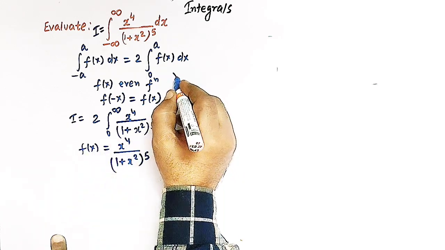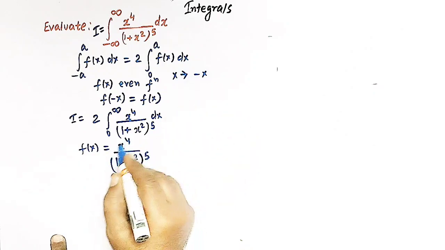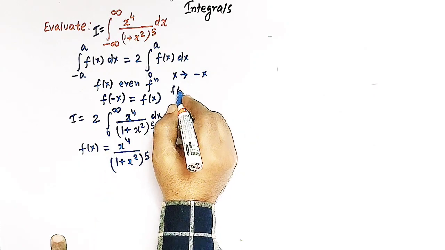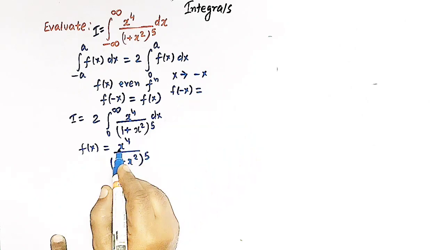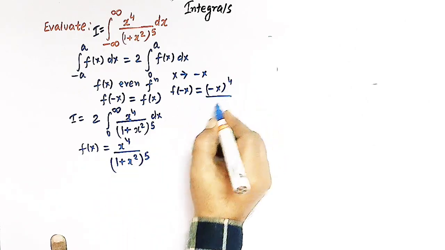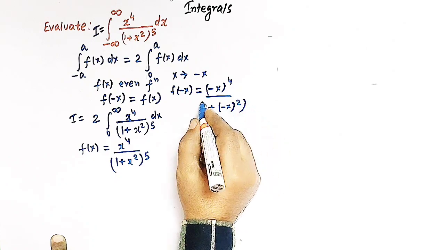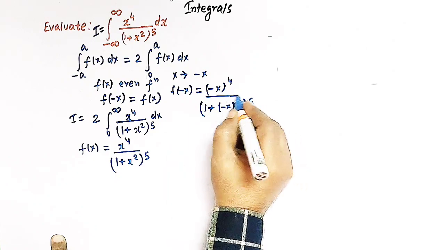If we replace x by minus x, then f of minus x is (minus x) raised to 4 over (1 plus (minus x) square) raised to 5.